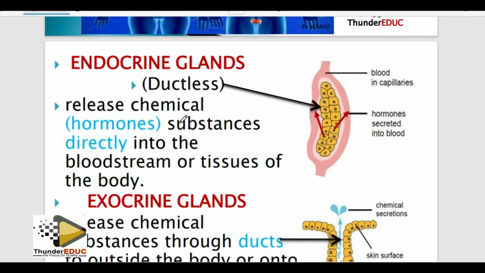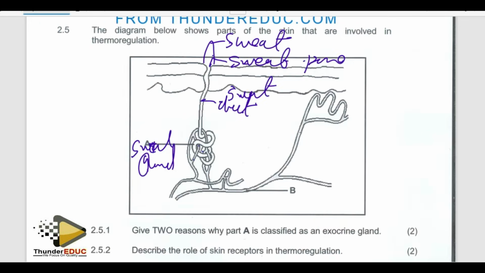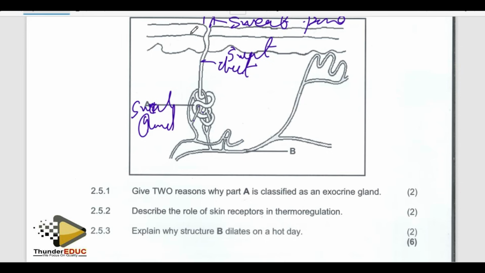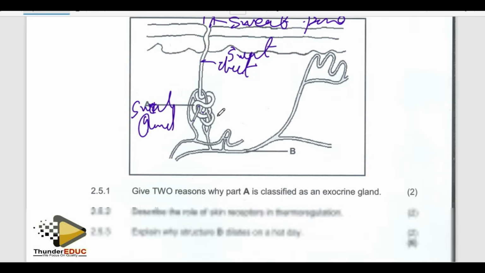Endocrine glands, we call them ductless glands. And then number 2, the sweat gland secretes the sweat where it is needed, outside the skin. Therefore, the secretion is secreted directly to where it is needed. Simple as eating ice cream, no bones.